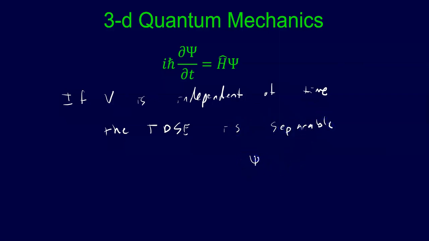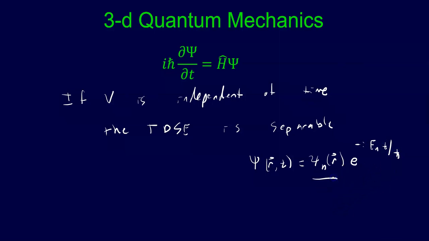And so we can find solutions to capital psi in terms of our lowercase psi as a function of r, and then actually the same time-dependent piece we had before.